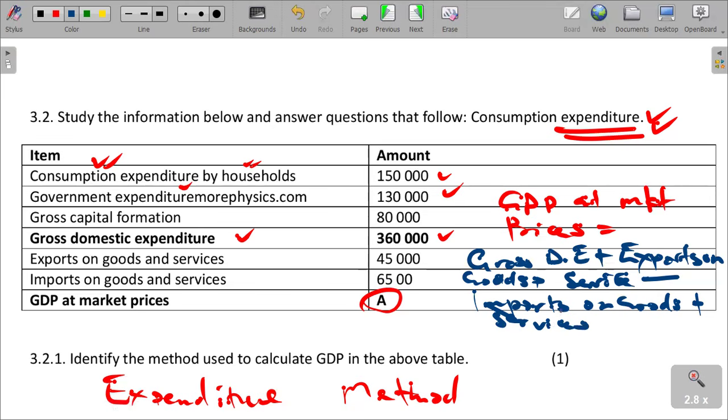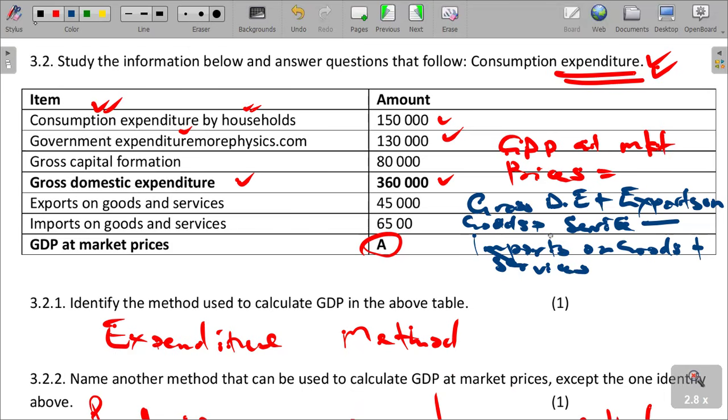That is GDP at market prices, which can be calculated as 360,000 plus 45,000 minus 65,000, which is going to give us 340,000.